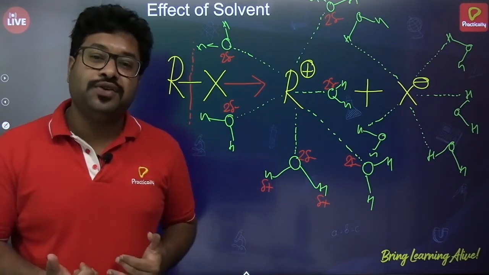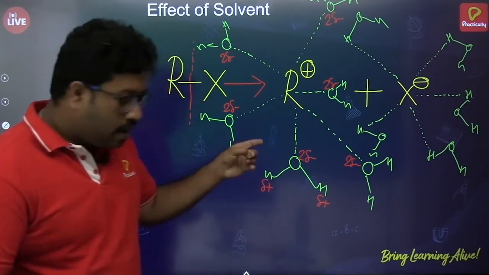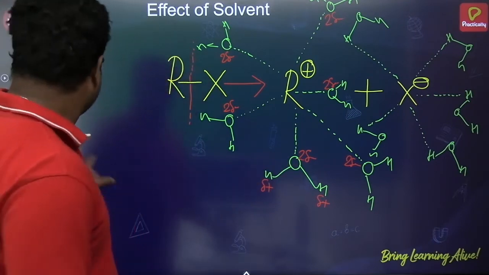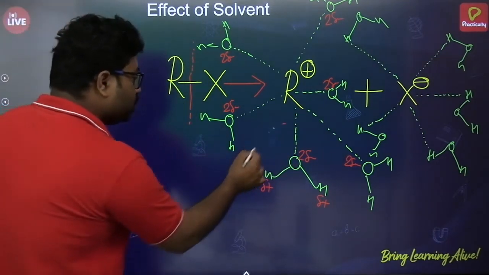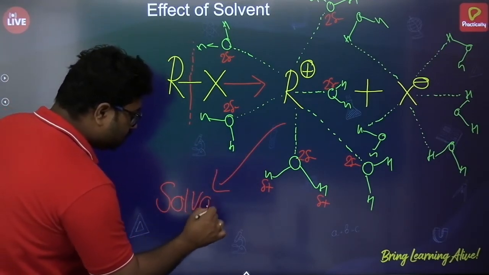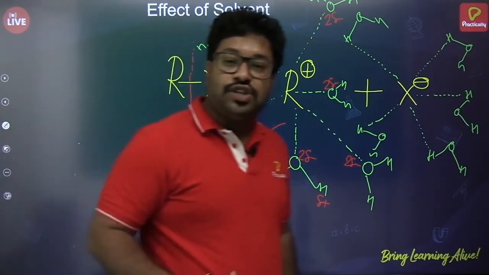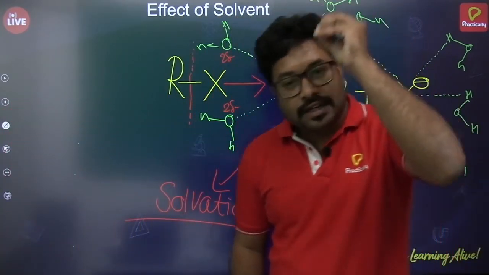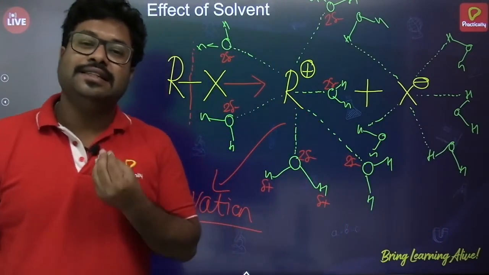But what you can do is bring the solvent. Now, what does the solvent do? Whatever process you have seen just now is called solvation. What does solvation do? Solvation decreases the density of a charge.